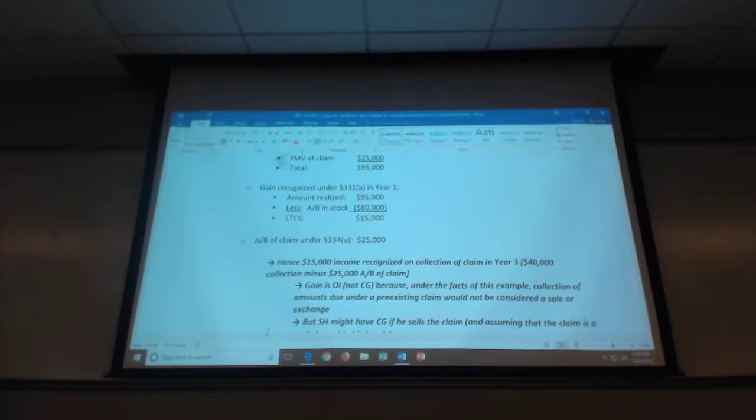Alternatively, and probably in the majority of cases, the open transaction doctrine will not apply.